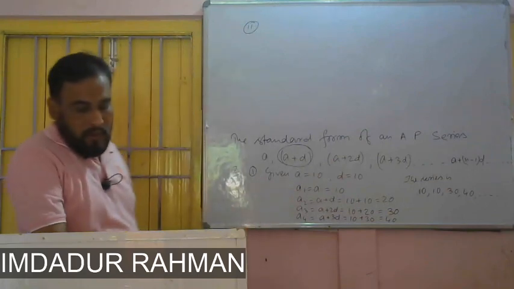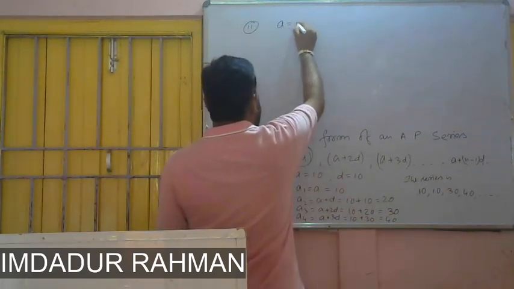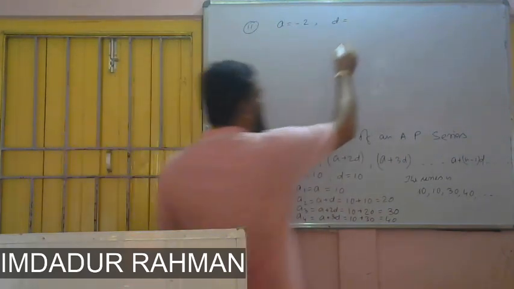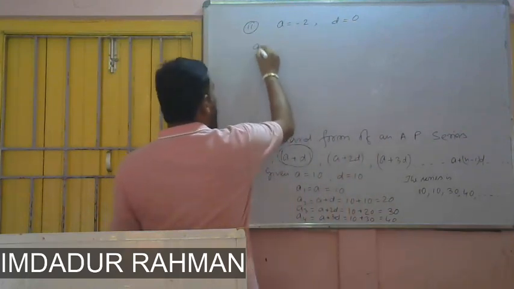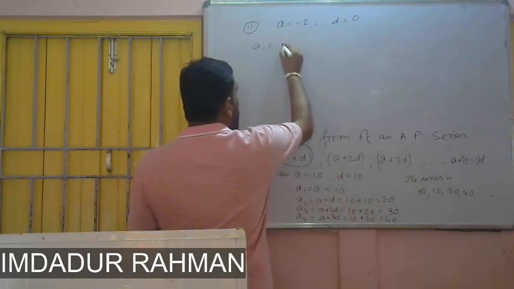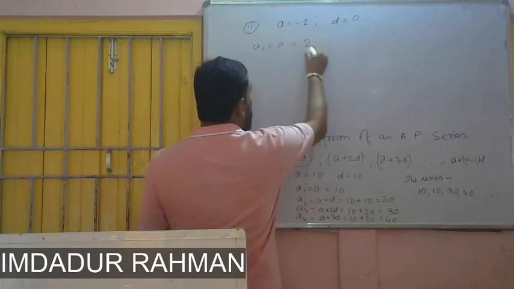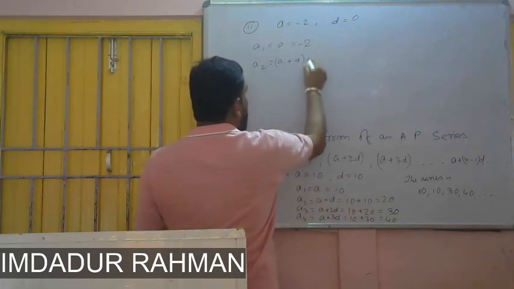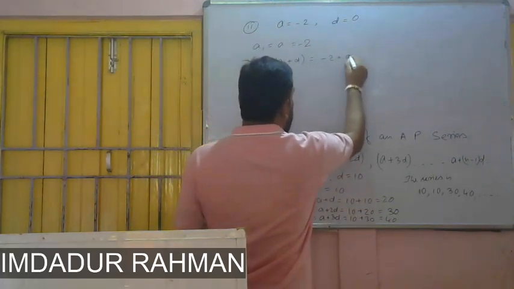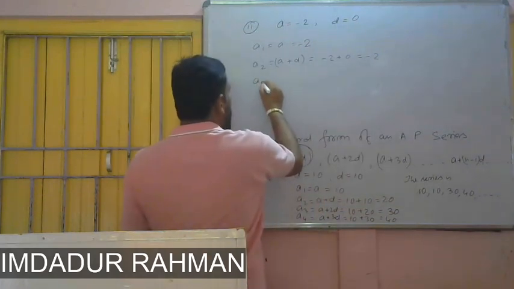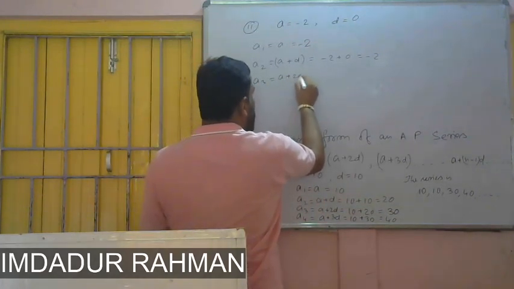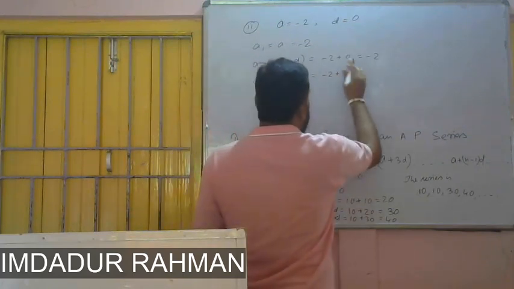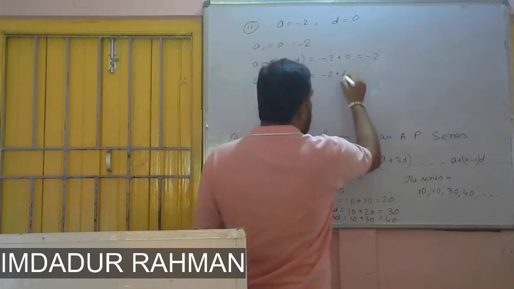Question number 2: what is A? A is equal to minus 2 and D is 0. So A1 is equal to A, that is minus 2. A2 is A plus D, that is minus 2 plus 0, equal to minus 2. A3 is A plus twice D, equal to minus 2 plus 2 into D, that is 0, equal to minus 2.